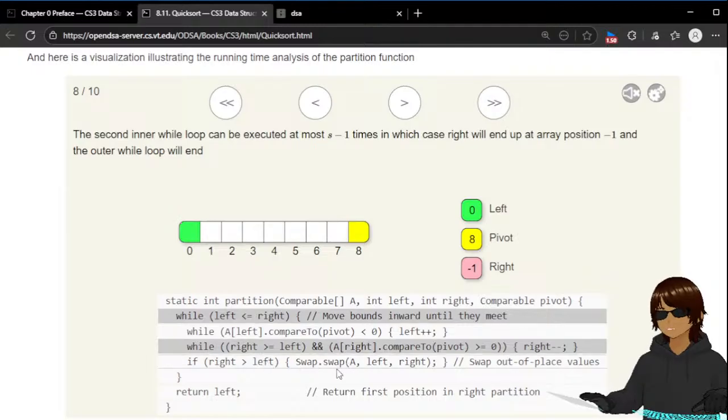But we need to count the swaps as well. The second inner while loop can be executed at most s minus 1 times, in which case right ends up at array position -1 and the outer loop will end.